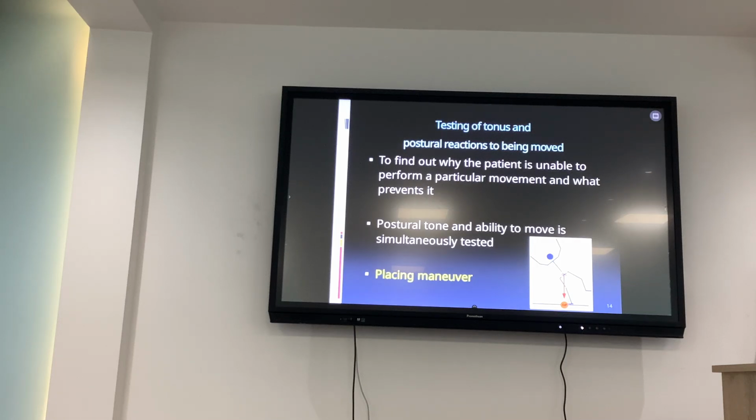In normal condition, he shortly adapts to the movement. I feel the limb is light because shortly after being moved, he adapts to the movement and helps with it. But in people with a stroke, when extending, there is a resistance.